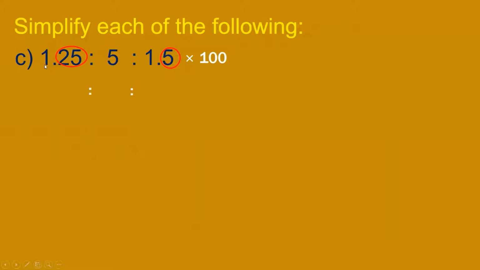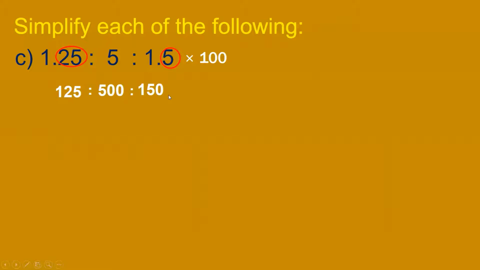Now 1.25 multiplied by 100 equals 125. And 5 multiplied by 100 equals 500, and 1.5 multiplied by 100 equals 150. Now we have 125 to 500 to 150. Let's find a number that these three numbers can be divided by.